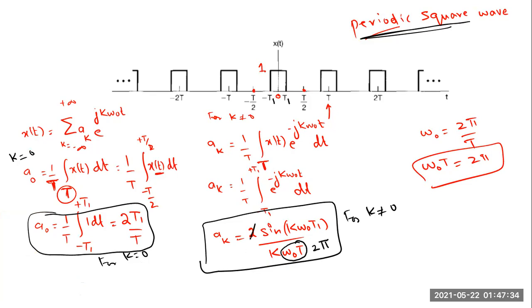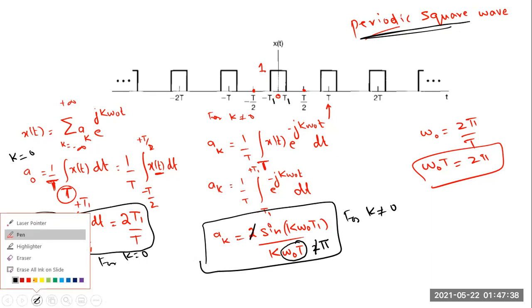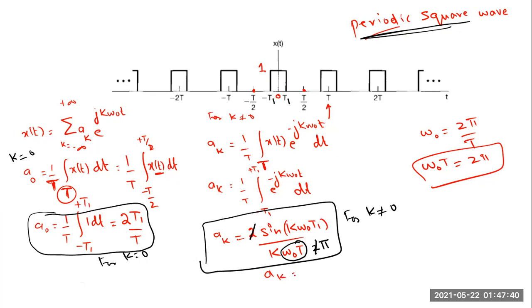So what will happen? This 2 will cancel out, and this expression will be simplified to simply sine of k omega naught t1 divided by k pi for k not equal to 0.